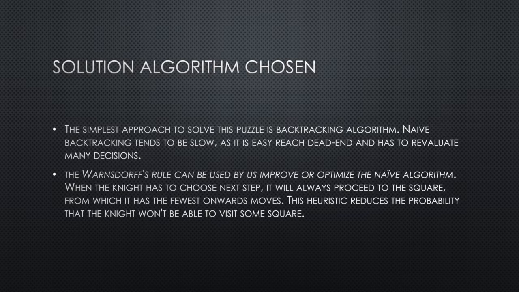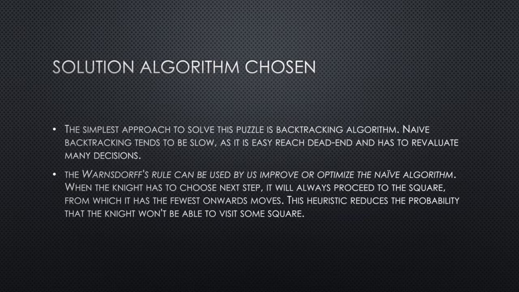Okay, here is the algorithm we chose, which is the backtracking algorithm. The backtracking algorithm is slow, because it reaches dead ends and reevaluates many decisions. The Warnsdorff rule can be used to improve or optimize the naive algorithm.